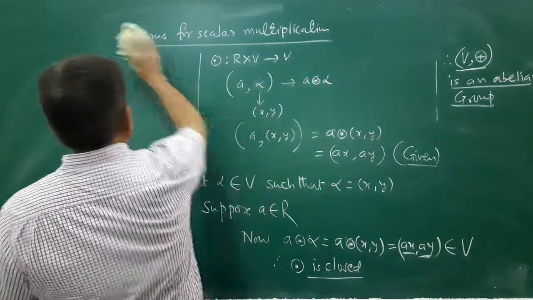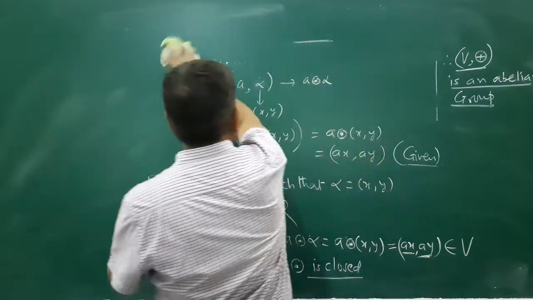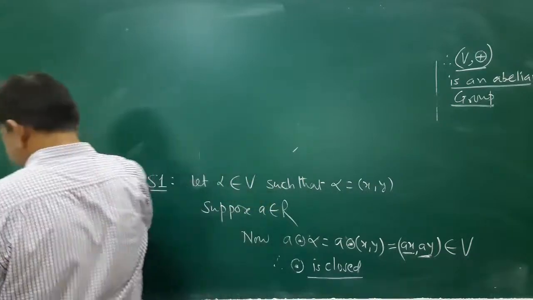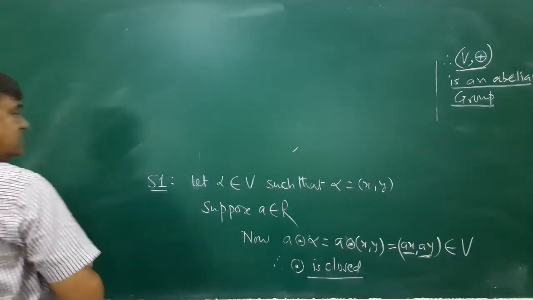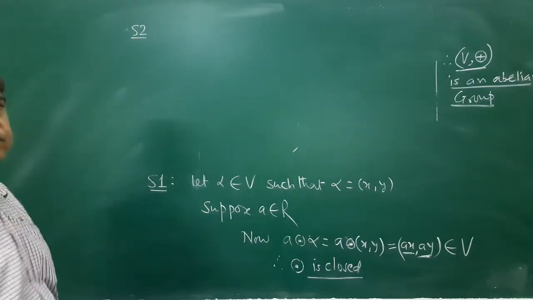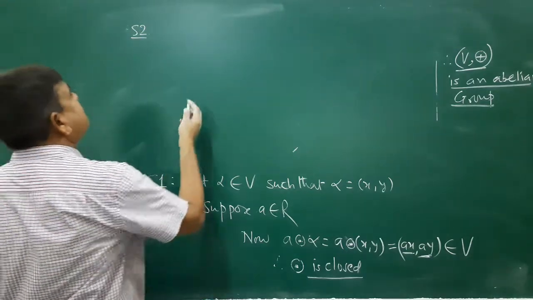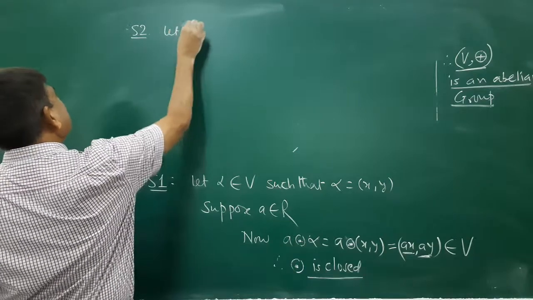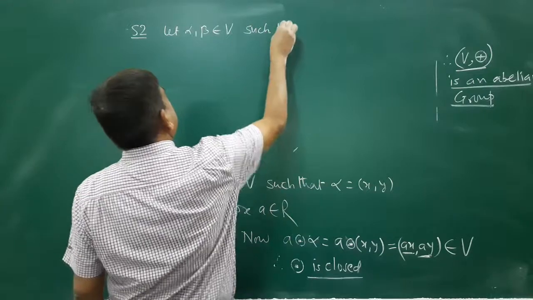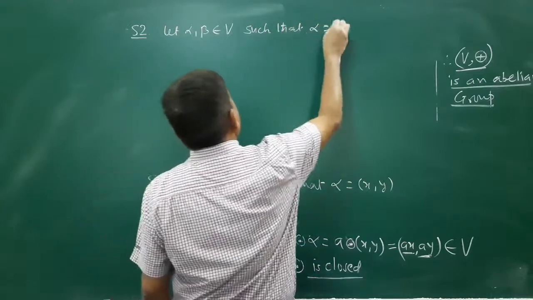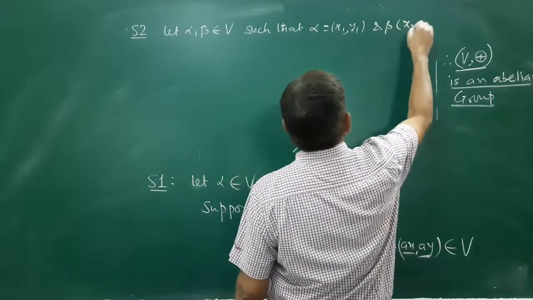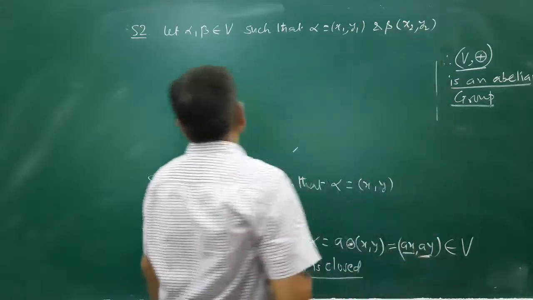Second, we consider the distributive law. So, S2. Let alpha beta belongs to V such that alpha is x1 y1 and beta is x2 y2.